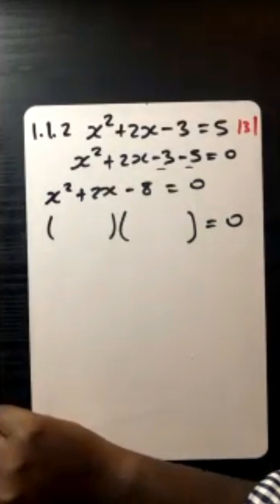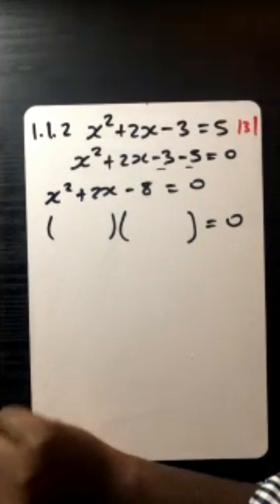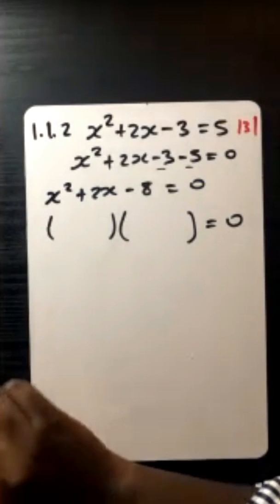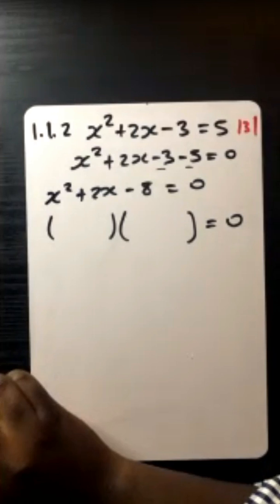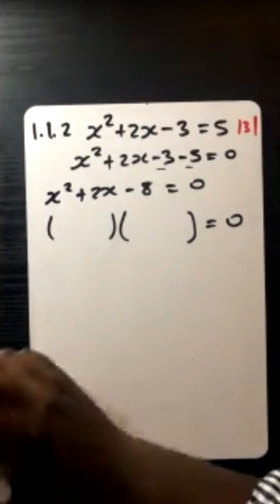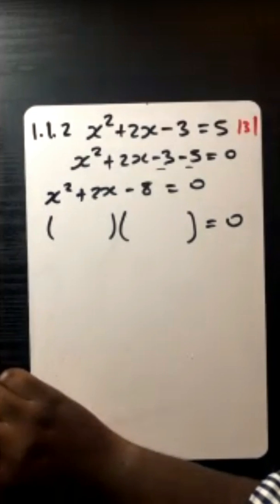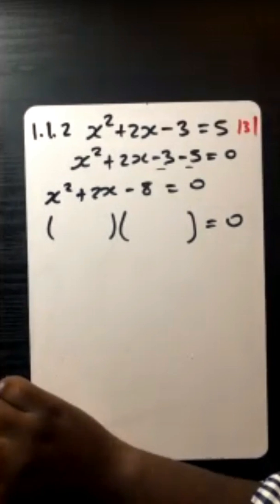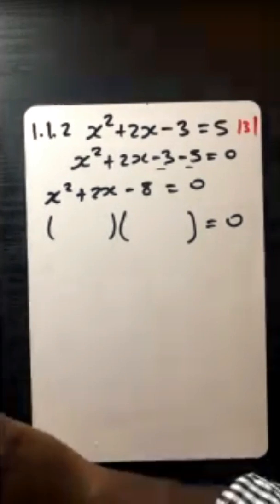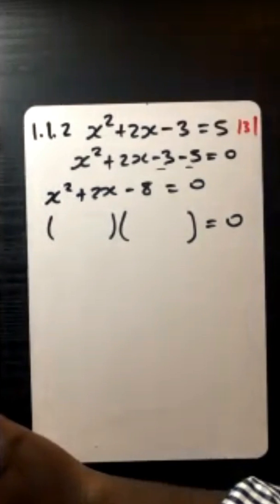So, ladies and gentlemen, in case you're still struggling with factorization, please do not underestimate my grade 10 lessons, because that's where I dish out the basics. I always say I did my grade 10, 11, and 12 in grade 12. I did 3 grades in 1 grade. The reason is that when I went to grade 12, I was able to solve some of the problems, but I was not that confident.